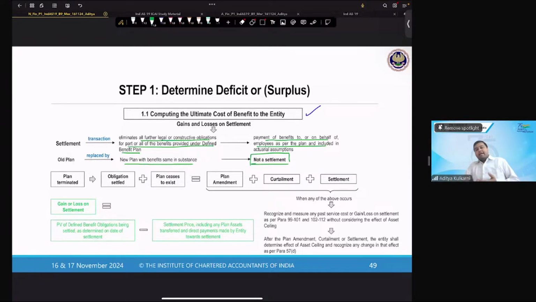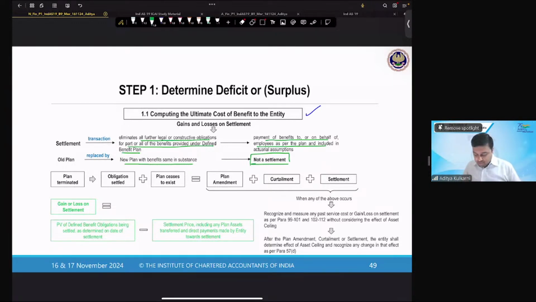Because neither is money going out from the organization, it's going out from those plan assets. That's not impacting my cash flows right now. And it is also reducing my obligation. And in the next financial year, I create another plan with effectively the same things. So when that is the scenario, then we don't call it as a settlement.